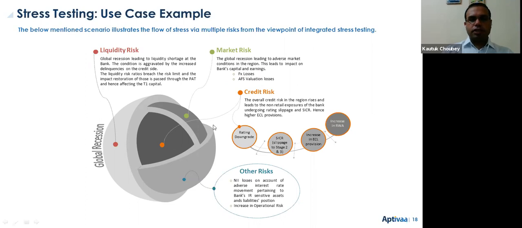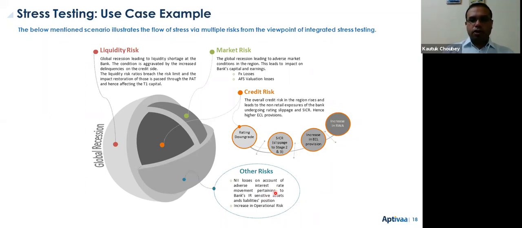The same recessionary event also causes multiple credit risk related events, like it may cause rating downgrades of multiple key borrowers that the bank has exposure to. It may also cause them to slip in terms of IFRS 9 staging, and we'll see through the ECL related models how this impacts the bank's provisioning requirement, which eventually translates into the ECL provision requirements, and also an increase in RWA, which then translates into increased capital requirement.